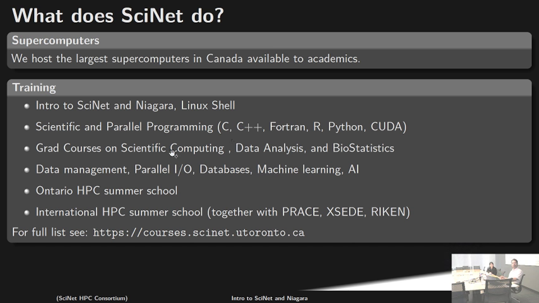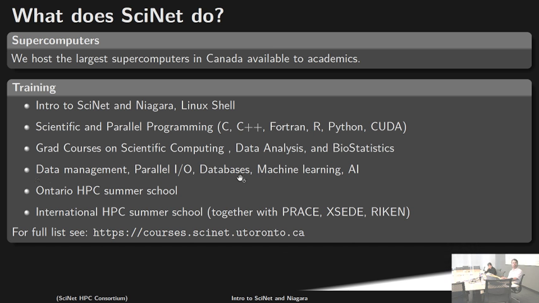Quite a few of our training courses are now in the form of graduate courses. I don't know if anybody is taking these, I think you have. Courses on scientific computing for physics, data science, and biostatistics in combination with the Institute for Medical Science. Usually you can still attend those if you're just a user, just sit in, but you might not get credit.